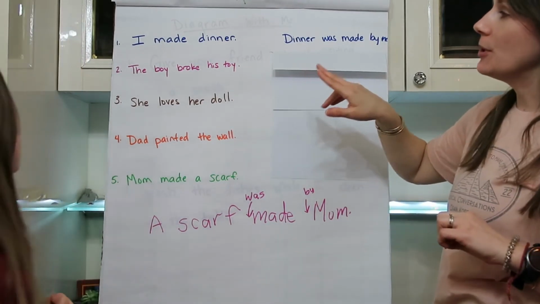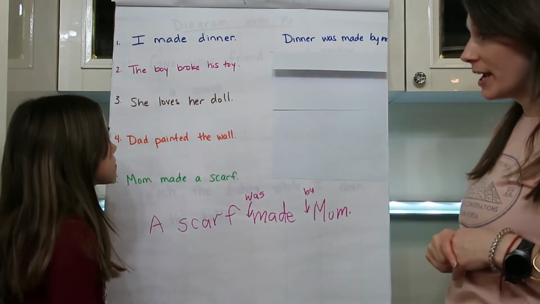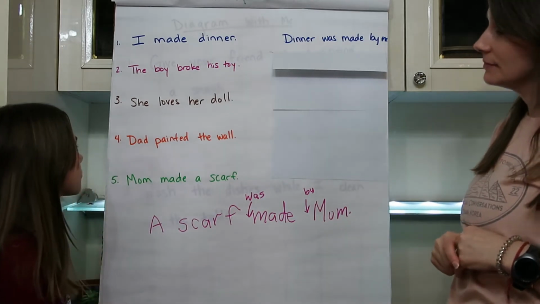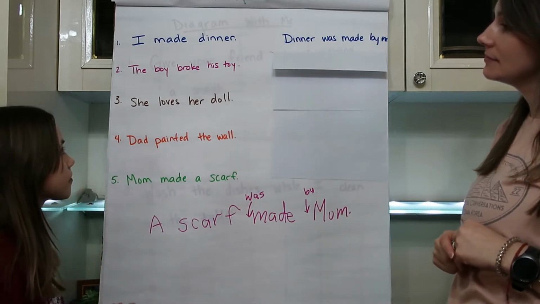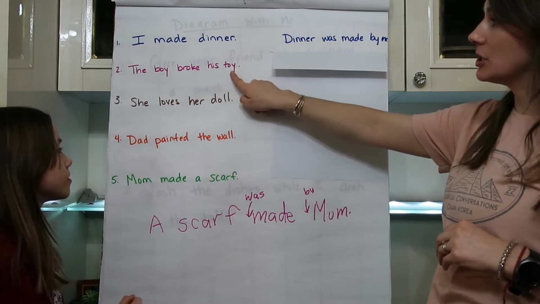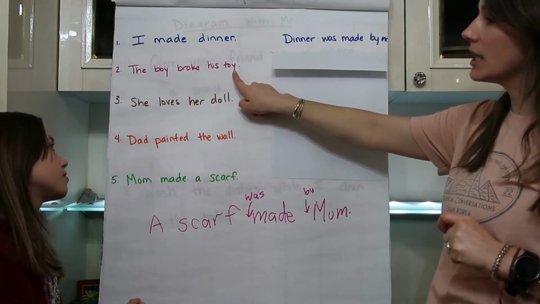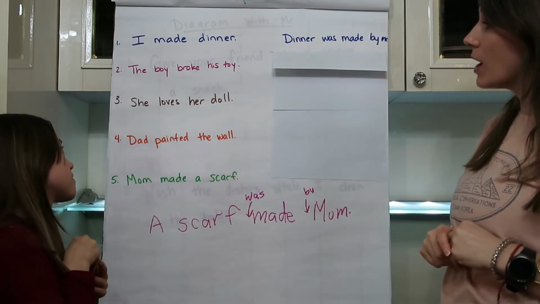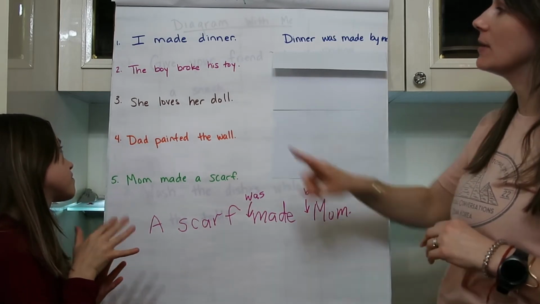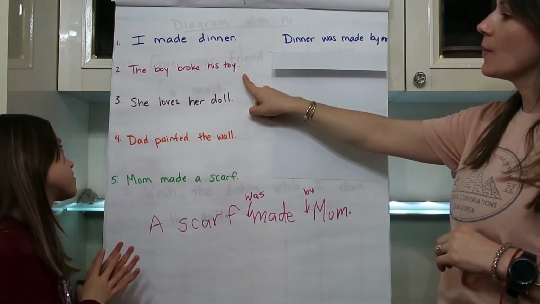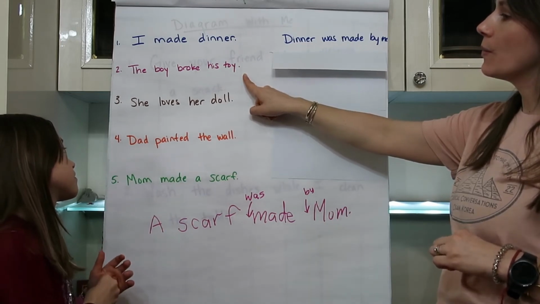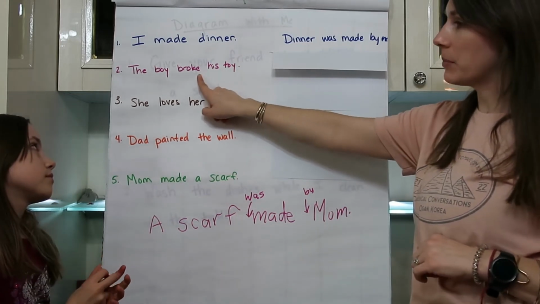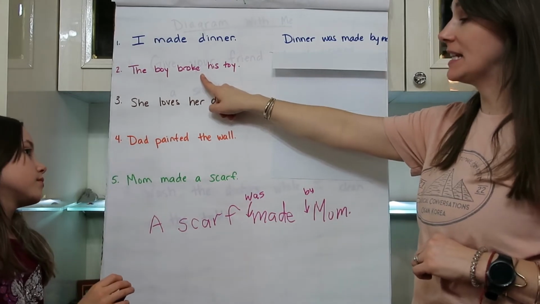Lily, can you do the boy broke his toy? Start with our direct object, which is toy. His toy. And then we're going to add am, are, is, was, were, being, been. So his toy was broke, or we have to make it past tense.